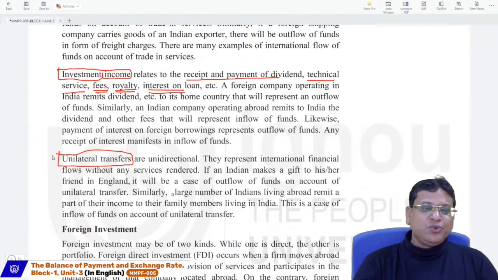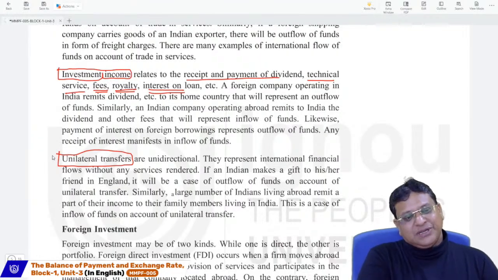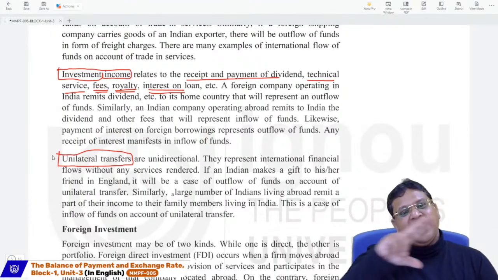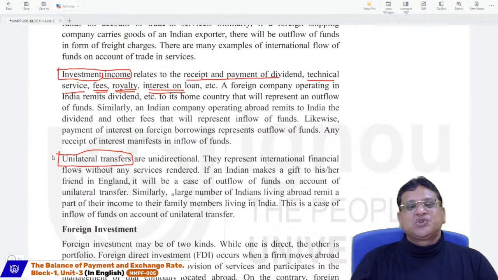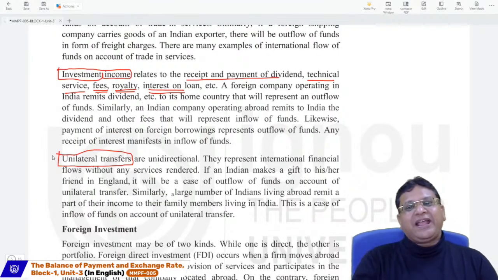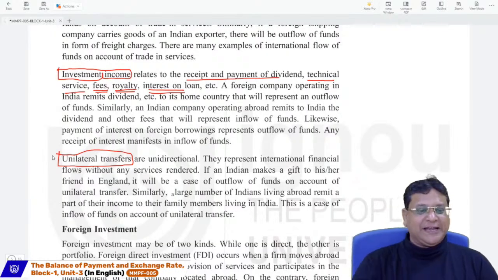Similarly, suppose a UK citizen has a home in India and puts it on rent in India. Then the rent will go from India to the UK. So it results in an outflow of foreign currency, so it's a debit. Similarly, foreign rent can be a credit or a debit. It depends upon whether you are receiving the foreign income or paying the foreign income.